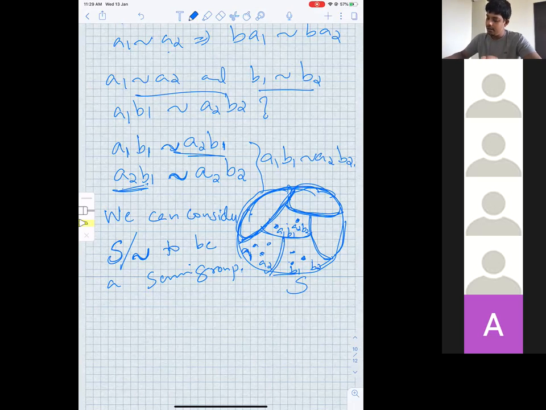This semigroup S slash tilde is called the quotient of S with respect to tilde.